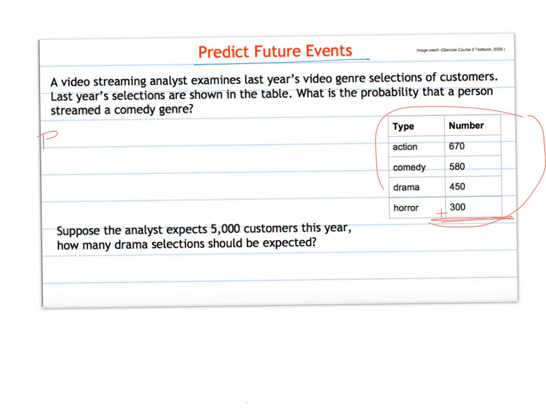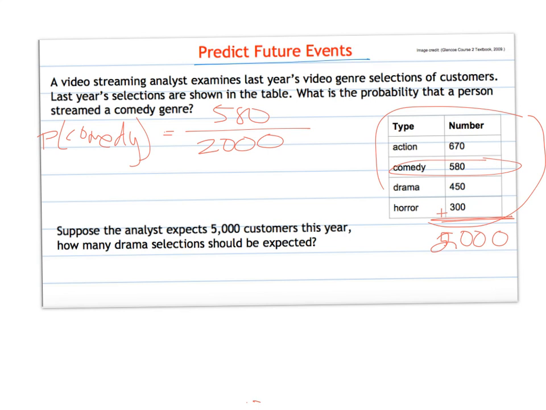The probability of comedy is the number of times comedy was chosen, which is 580, out of the total, which when we add those up is 2,000. If we simplify, I believe 20 goes into each of those, so I get 29 hundredths.